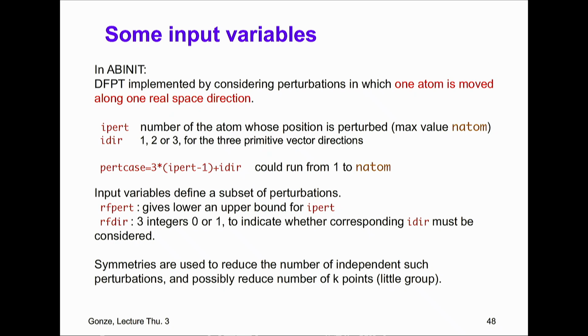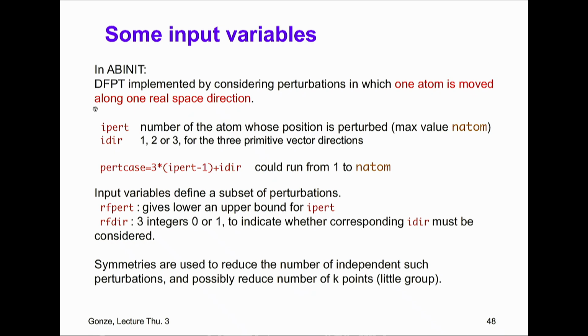And then we assign to all these perturbations one number in the set of 3 times natom possible perturbations for one q point. This gives the name PERT case, 3 times (I_PERT minus 1) plus I_DIR, which runs from 1 to, sorry, it's 3 times natom here. Sorry for the error.